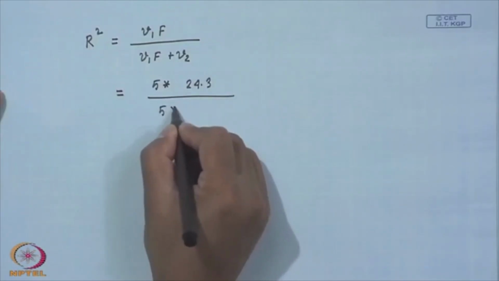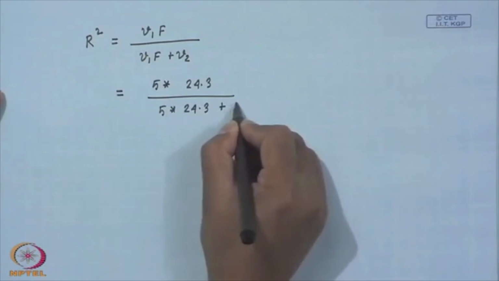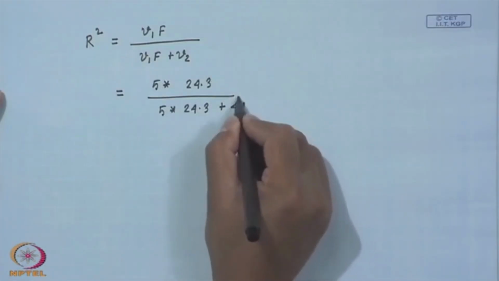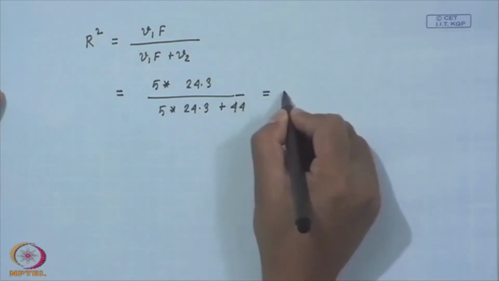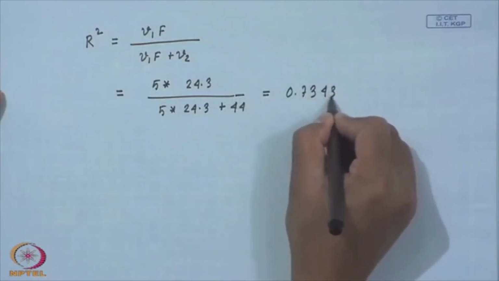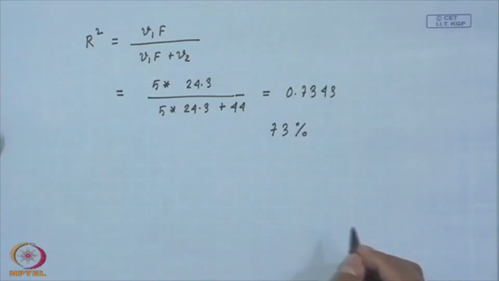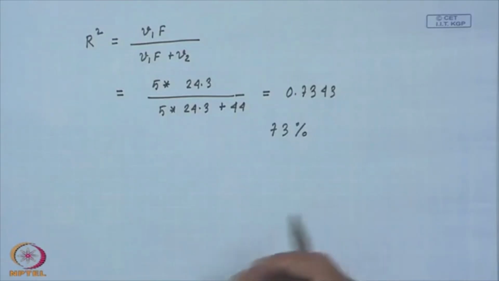So, 5 into 24.3 plus V 2, that is the residual degree of freedom, which is 44. So, here 0.7343, that means 73% of the total variability in the response variable has been explained by the fitted model, which is quite good.